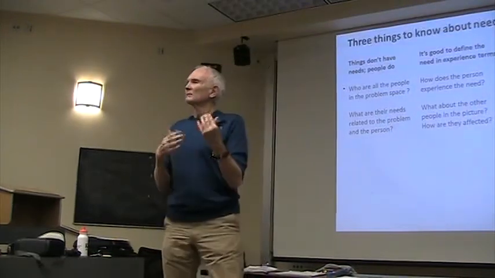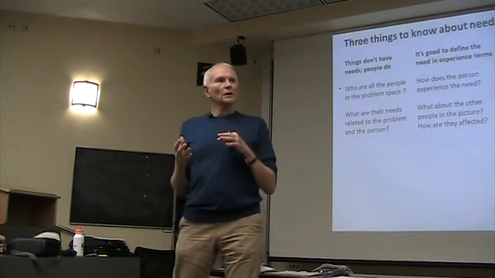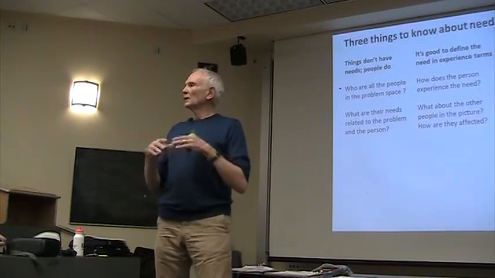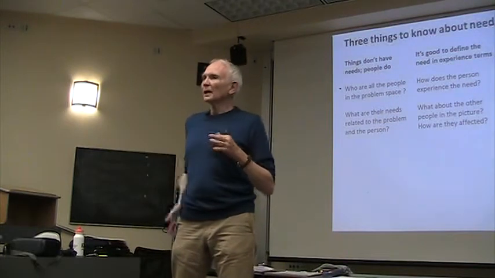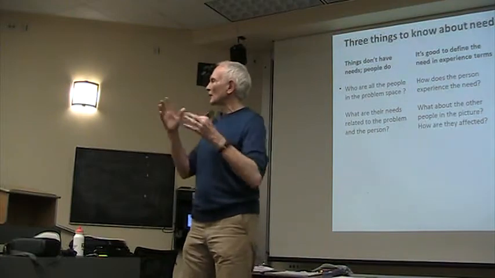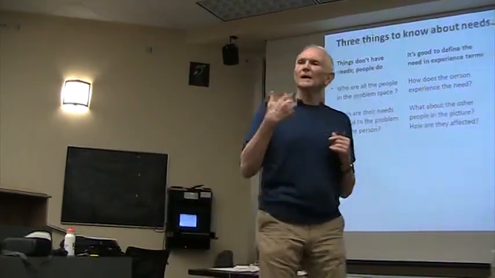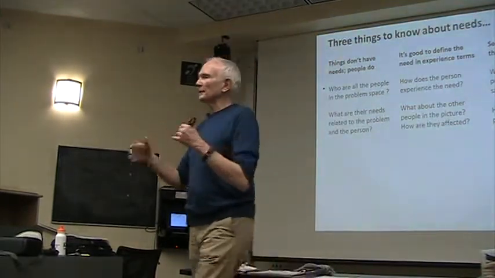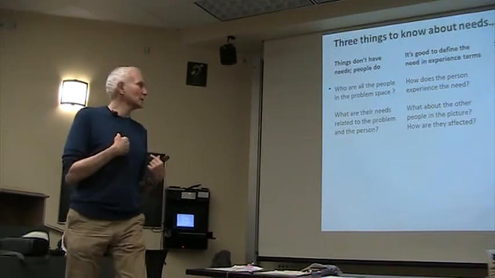Then go a little deeper and ask, if you had a softer chair, what would that give you? Oh, I would have more comfort. The sores on my bum wouldn't bother me so much. Or if I had a softer chair, I could move around more easily. Or if I had a faster car, try to understand what experience that gives them. Because again, it's not about the thing, it's about the person.